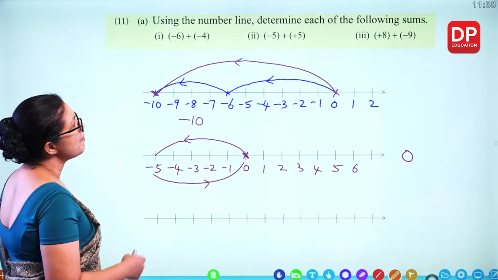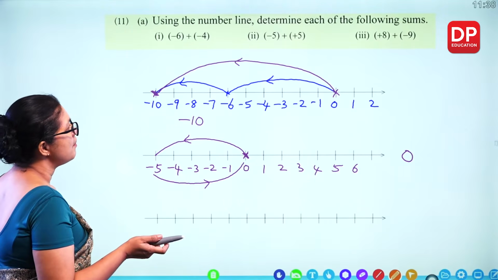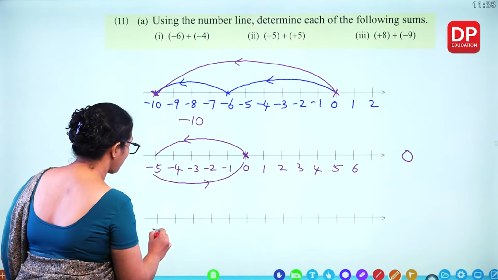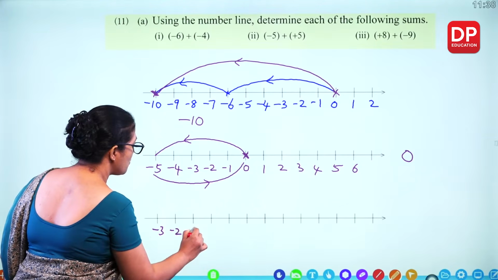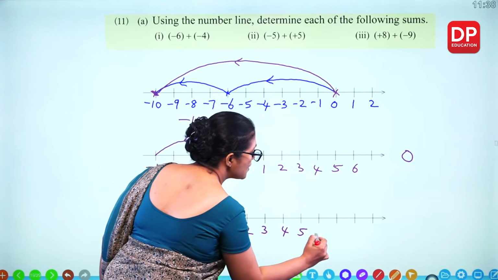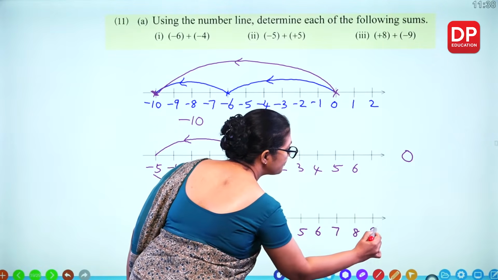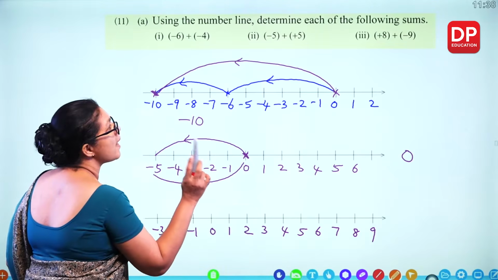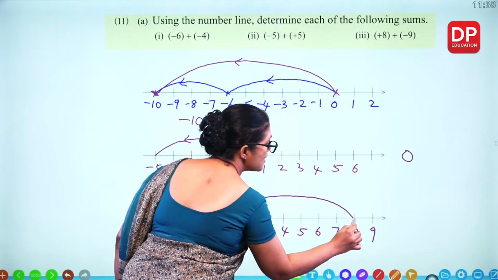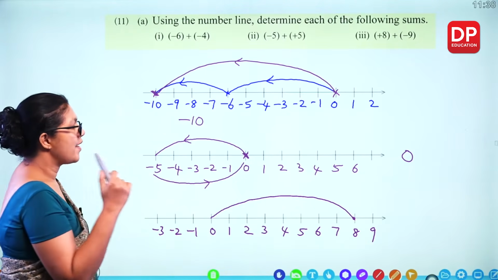Look at the third part, +8 and -9. So we'll take -3, -2, -1, 0, 1, 2, 3, 4, 5, 6, 7, 8. Plus 8 means from 0, 8 squares to the right.